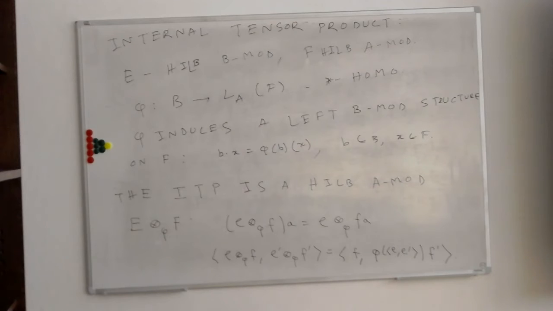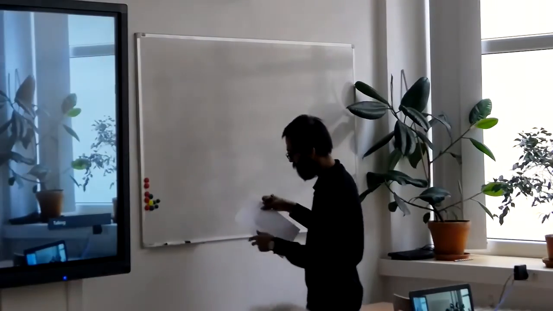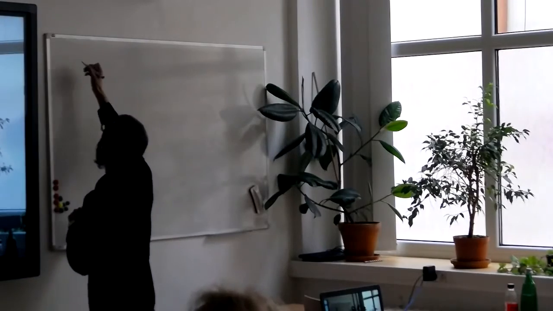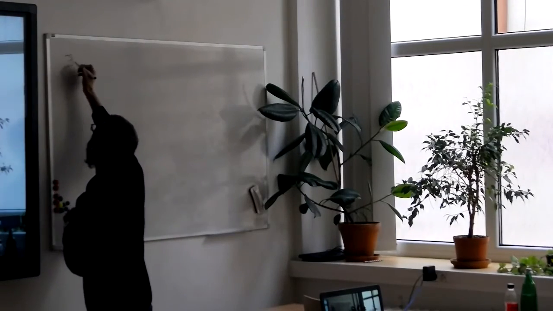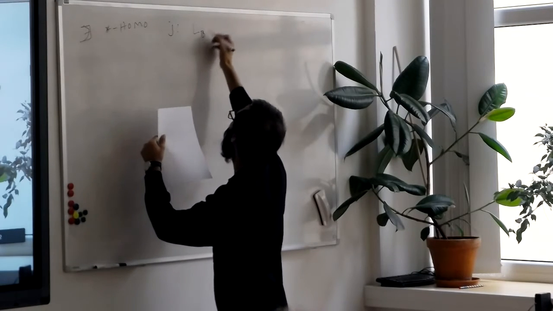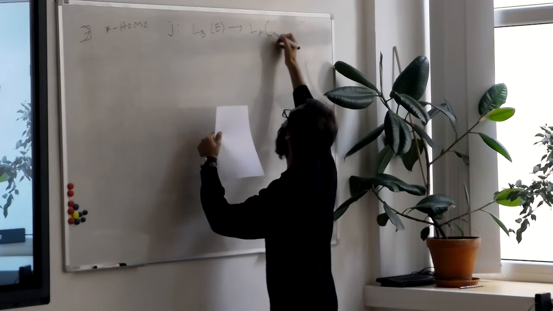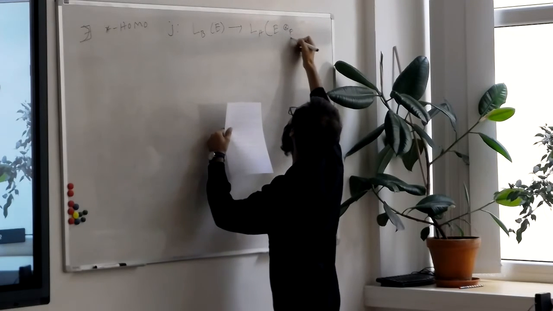I will say how it behaves with respect to morphisms. There exists a star homomorphism J from the adjointables on E to the adjointables on the tensor product.